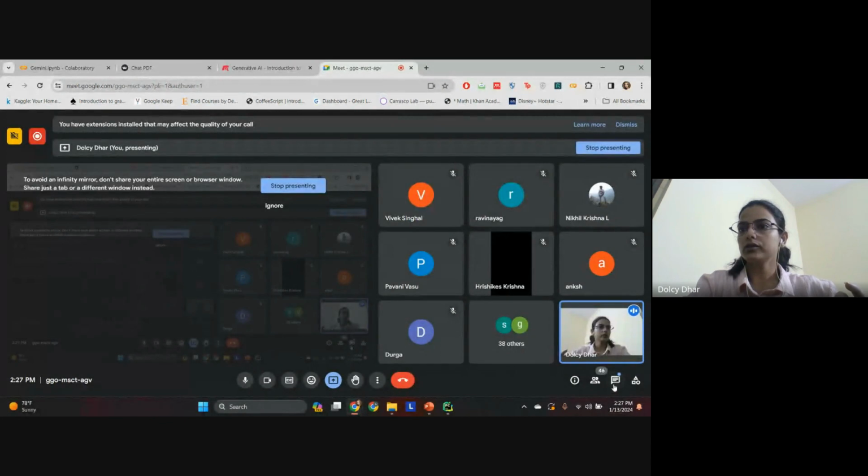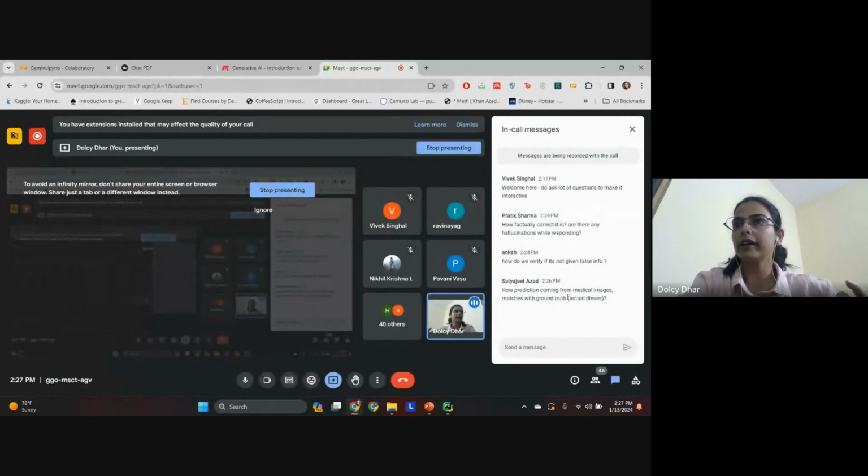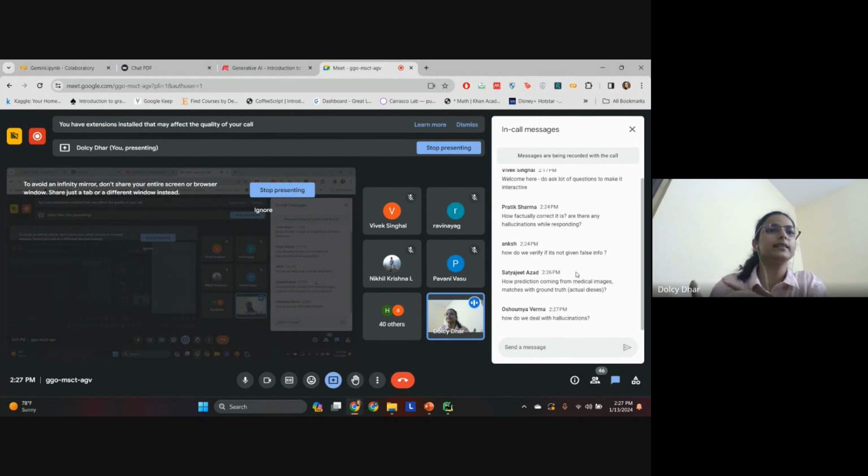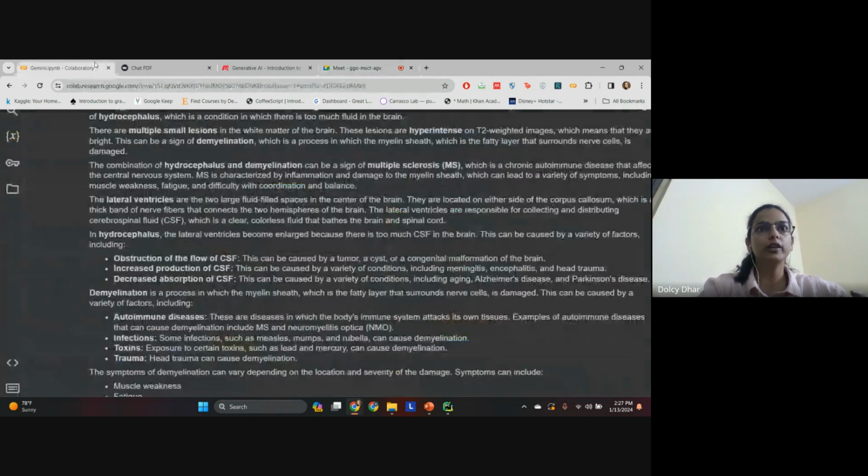And the second question, how do we verify if it has not given false info? To verify this, you'll need a domain specific person. The only reason I am able to answer this today is because I come from a healthcare domain and understand neurological diseases. And the reason I think this is correct is because I Googled images by the names of the diseases.